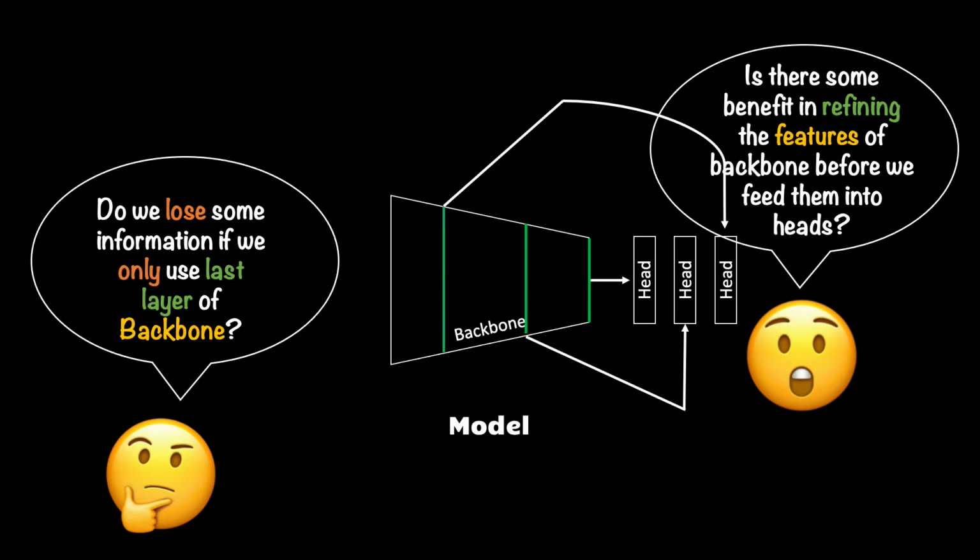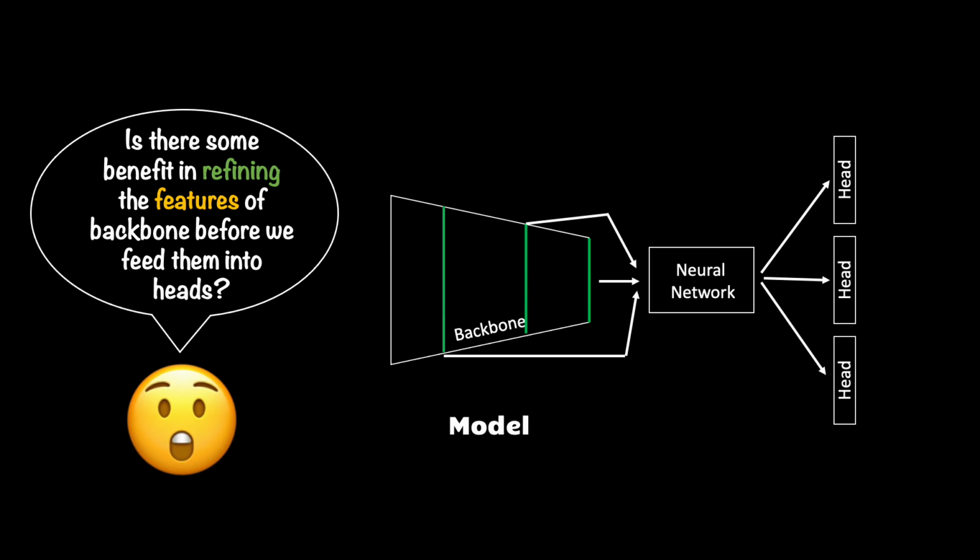Perhaps we can take it even further. Instead of directly feeding the feature maps from different levels into their respective heads, we can refine them. The refinement step would involve yet another set of neural network layers, where some mixing, upsampling of these features could happen.